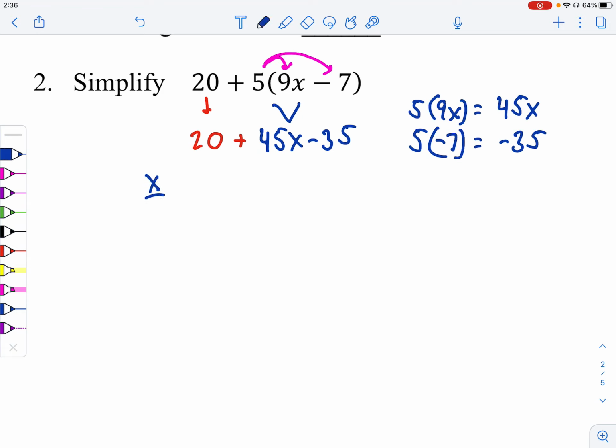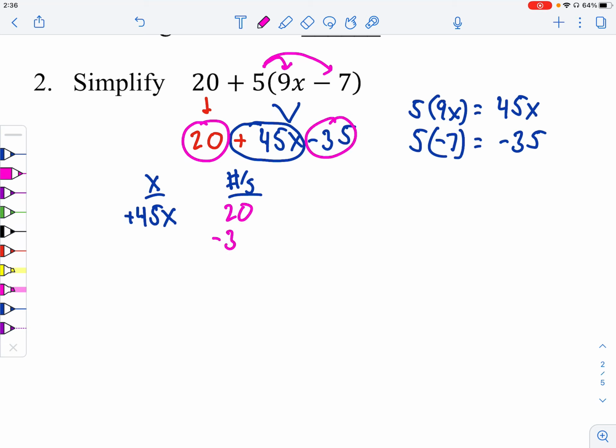So we can do our x column, we can do our numbers column. So we have positive 45x's. We have our numbers 20 and negative 35. We add. So x column is just 45x. Our numbers, we got negative 20 plus 35.